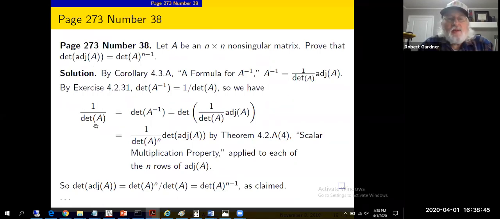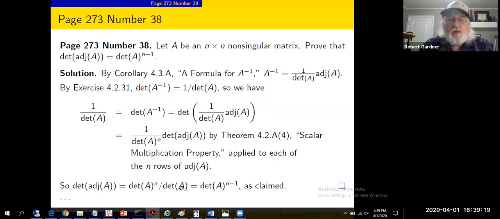So we've got a formula now that reads 1 over determinant of A equals 1 over determinant of A to the n times the determinant of the adjoint of A. Let's cross multiply. Take this determinant of A to the nth power to the other side. You'll be left with the determinant of the adjoint of A equals determinant of A in the numerator on the other side to the nth power divided by determinant of A, which comes from the denominator of that other side, just non-zero numbers, because we were told the matrix is non-singular, so its determinant is not 0.